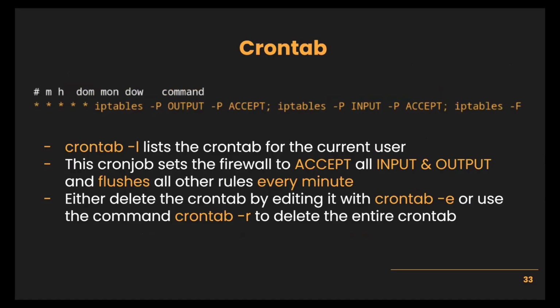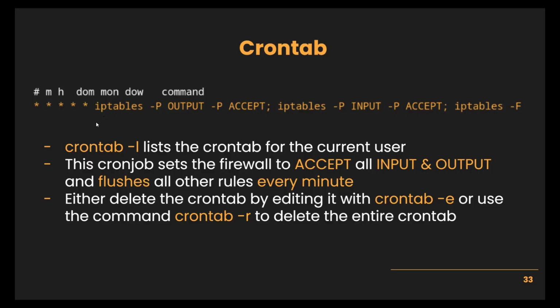So moving on to crontab. We see that crontab is basically a way for you to set up scheduled scripts, right? And we see in our case with this machine, there was a crontab regarding iptables. We'll talk about iptables briefly in a bit.